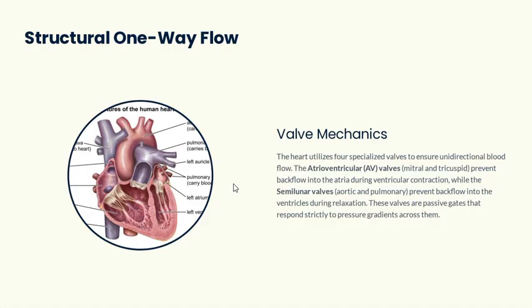The atrioventricular valves, the mitral and the tricuspid, prevent backflow into the atria during ventricular contraction, while the semilunar valves, the aortic and pulmonary, prevent backflow into the ventricles during relaxation. These valves are passive gates that respond strictly to pressure gradients across them.